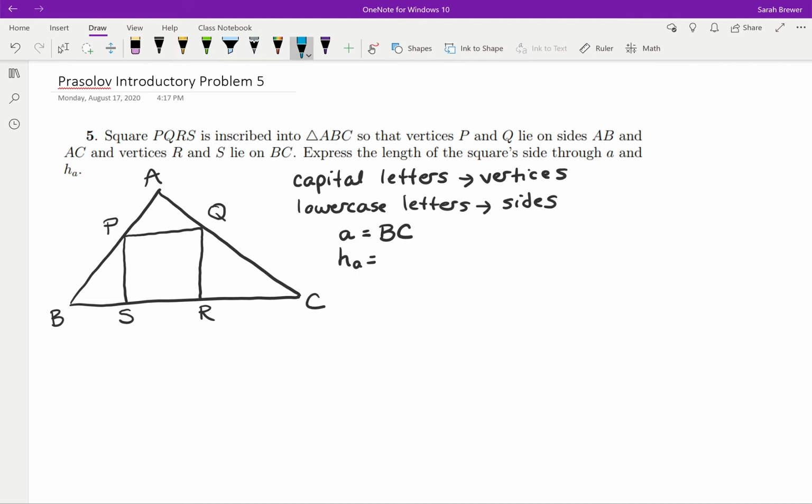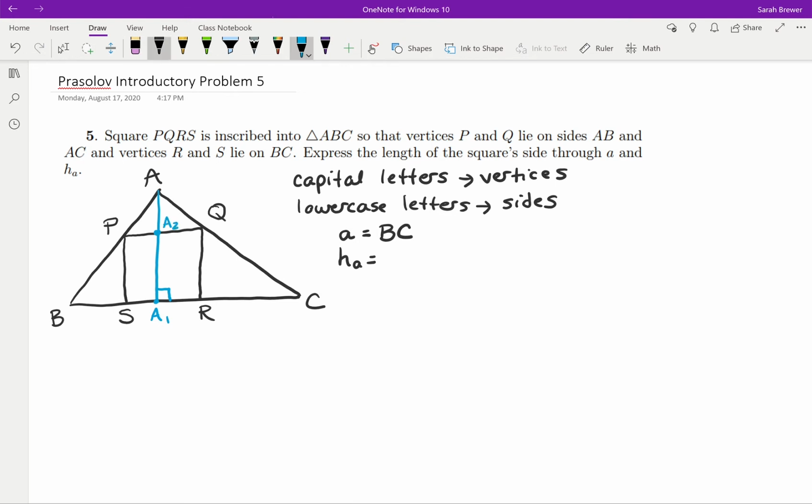So I'm going to draw that altitude. Remember, an altitude or a height is always going to be at a right angle. And I'm going to name a couple of things here. Ooh, there's some thunder. Hopefully I can finish this video before I lose power. I'm going to name this point A1, and this point A2.